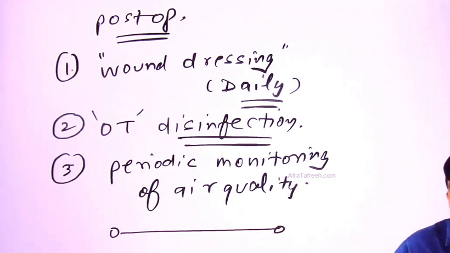If you manage all these points in your OT regularly, with settle plate cultures for periodic monitoring of air quality, OT disinfection with proper high level disinfectants, and wound dressing done properly with the proper antiseptics and antibiotics, then definitely these surgical site infections will be reduced to a minimum. They will not be eliminated, but definitely they will be reduced to a minimum.